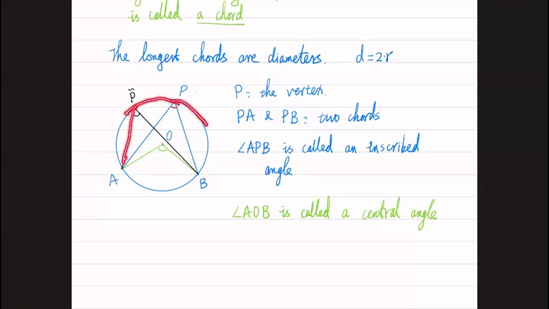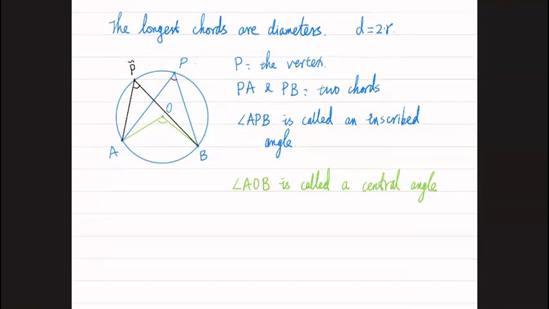If we move the point this way, PA will be longer. The sides may be longer, may be shorter. But our focus is on this angle. Oh, I don't see any change. Okay, that's a very good observation. The angle does not change at all.